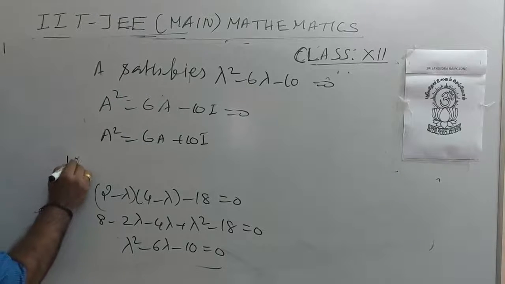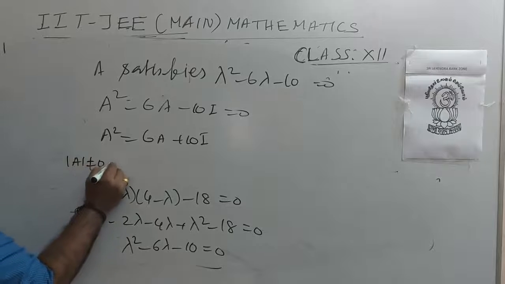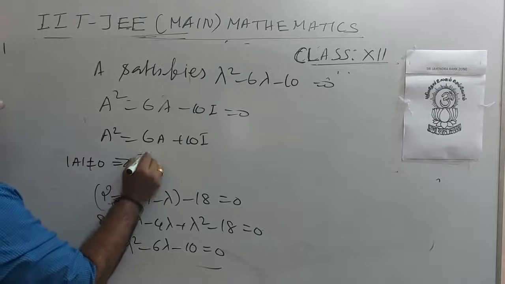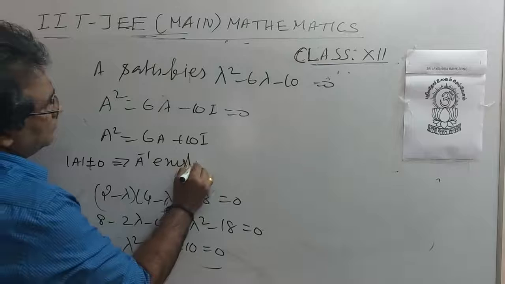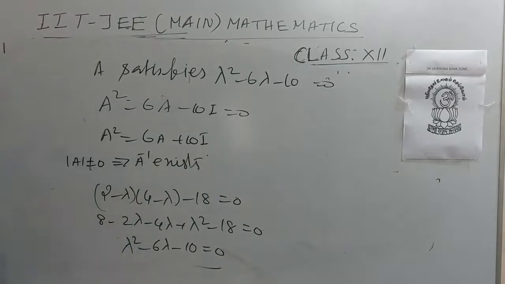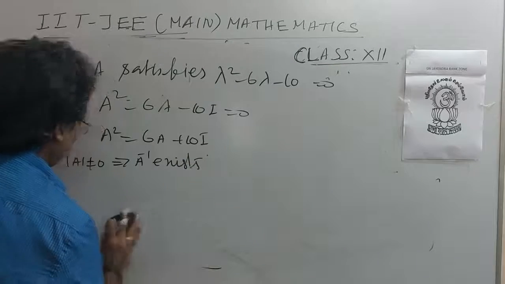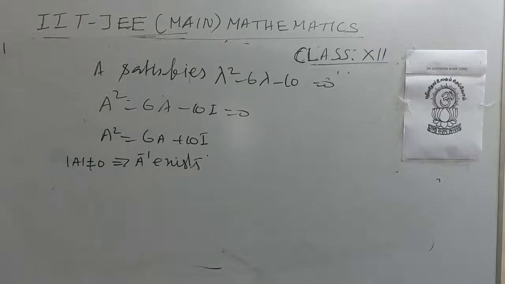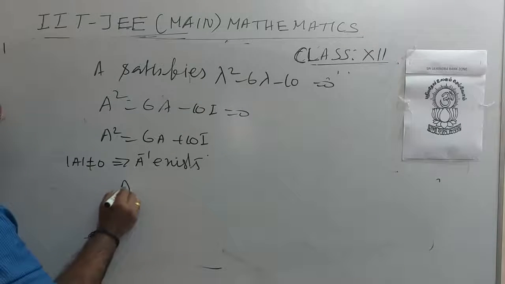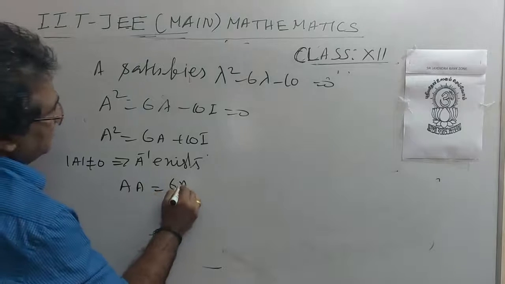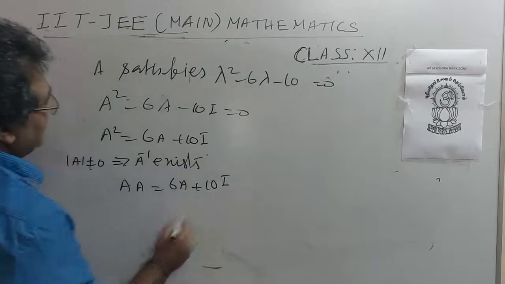Here determinant of A is not equal to 0, which implies A inverse exists. So A squared equals 6A plus 10I.